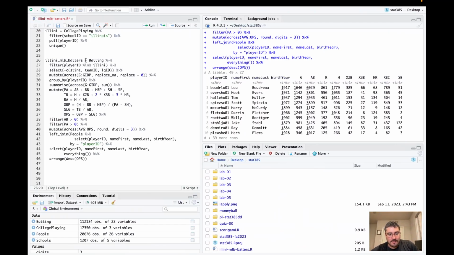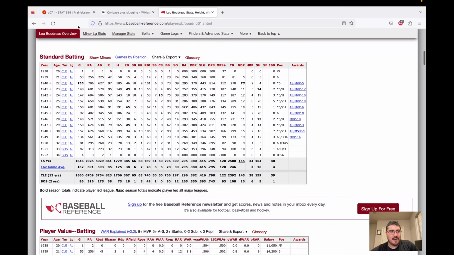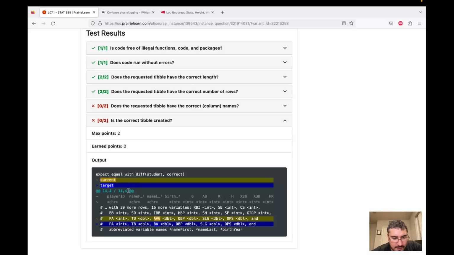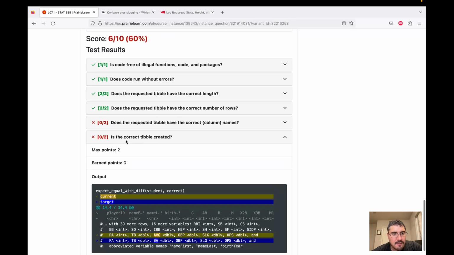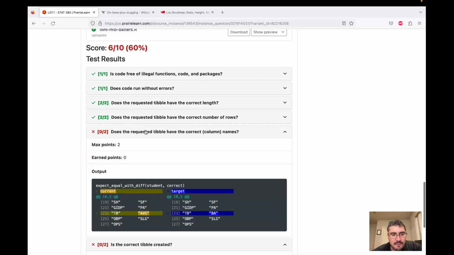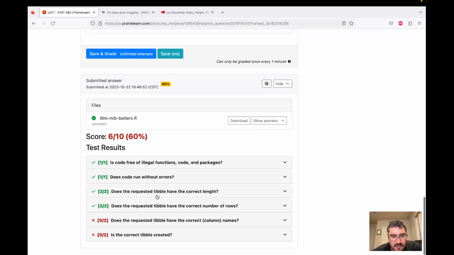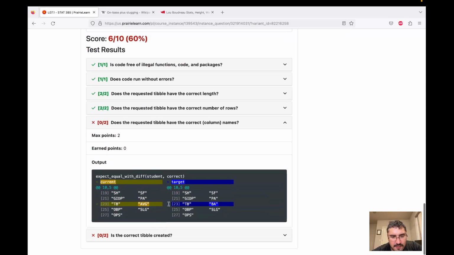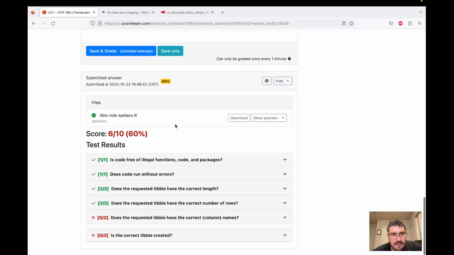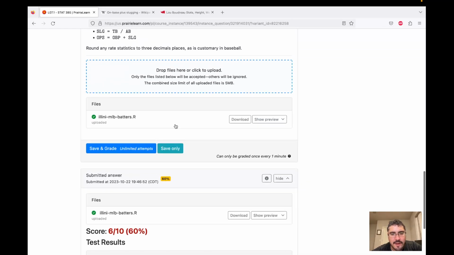So, okay, great. So it says current targets. Average BA. Okay, I just want to make sure. That looks like hopefully the only error that I've made.